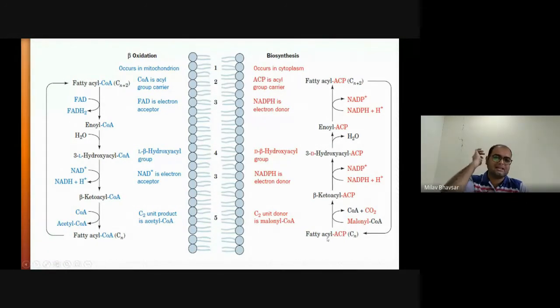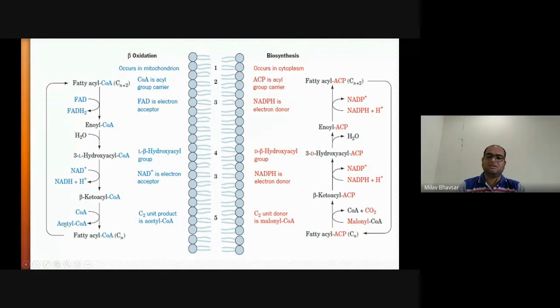So acyl ACP, ketoacyl ACP, hydroxyacyl ACP, enol ACP, and then you have one extra carbon. So malonyl coenzyme gets added in the process in your acyl carrier protein, and the chain gets elongated in this process. Here, in the beta oxidation, you already have plus 2, and that's going back the opposite way. We are liberating the acetyl coenzyme.